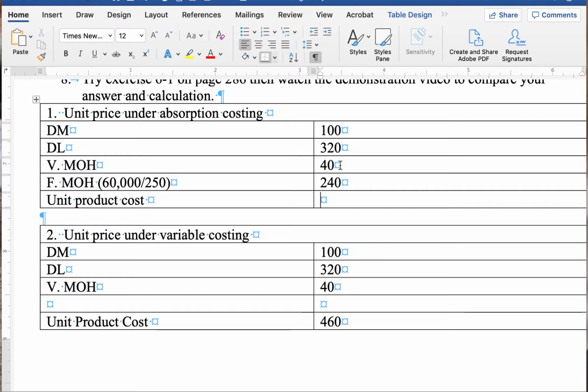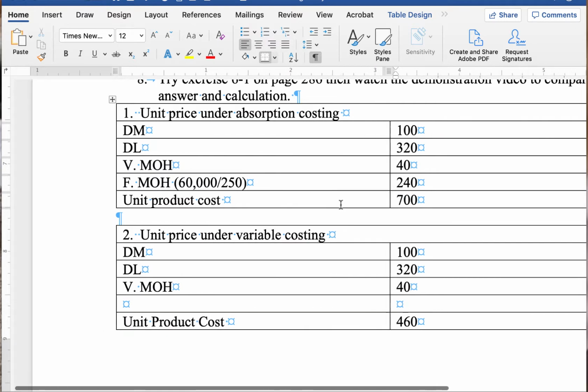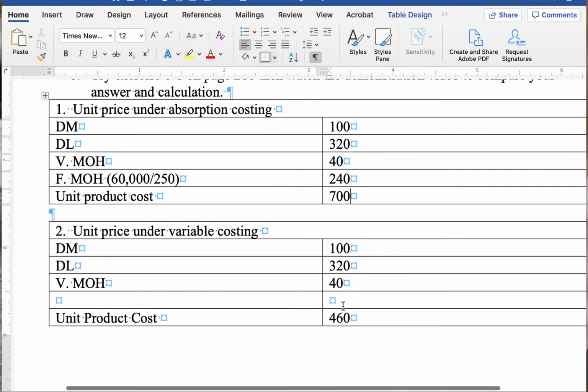So the absorption costing should be $700. Under the absorption method it's $700, and under the variable method it's $460. That's embarrassing. So the difference between these two costs, the $700 and the $460, is the $240 fixed manufacturing overhead.